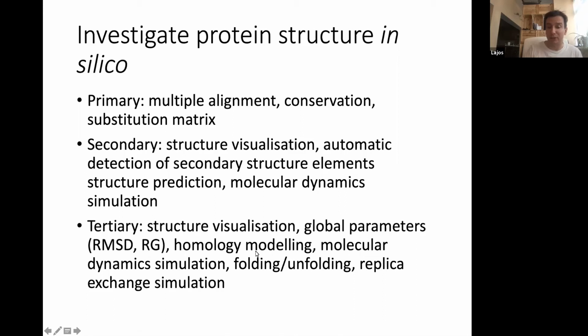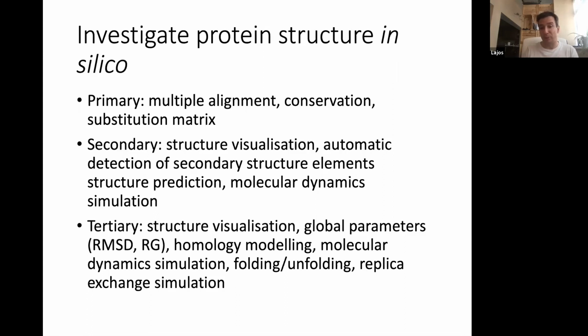Again, you can just simply visualize if you are lucky, and you can download it from PDB. If you have the structure, you can also measure global parameters. These global parameters are usually calculated or analyzed when you are doing some kind of molecular dynamics simulation. So when you're not just looking at your static molecule, but you want to compare it with something.